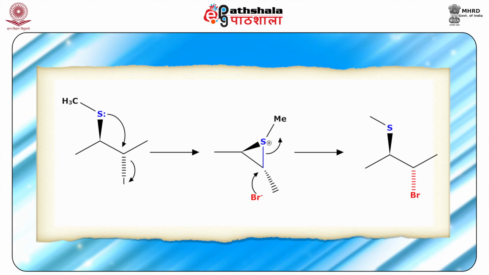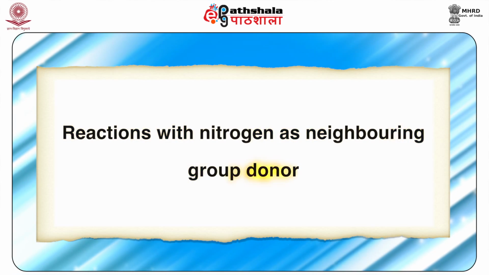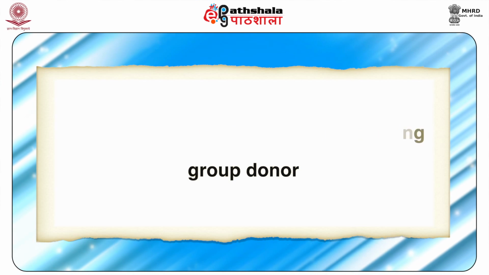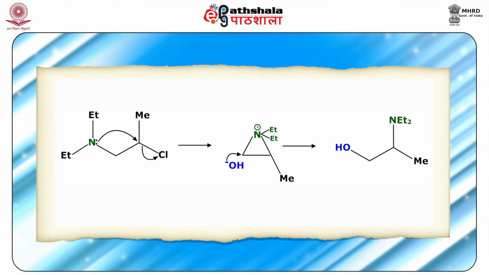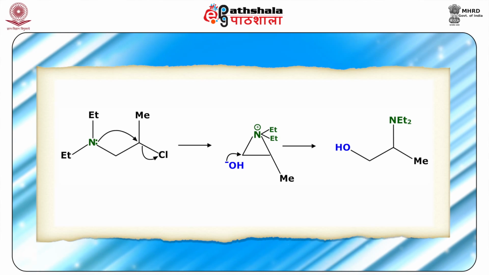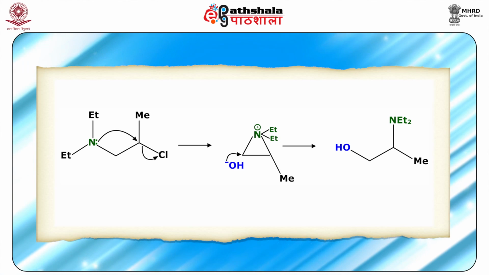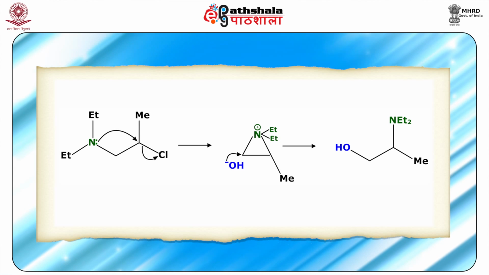Let us now continue by taking the reactions where nitrogen acts as the neighboring group donor. Amines as lone pair donors for anchimeric assistance can be seen in this particular example. You can clearly see here the lone pair on the nitrogen attacks this carbon attached to Cl as the leaving group.